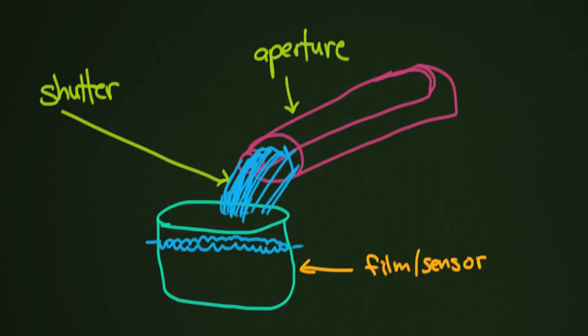And your sensor is the size of the bucket itself. And all of these things are adjustable. So you can run the water longer, you can make the pipe bigger or smaller, and you can change the size of the bucket. And either way, you've come up with a piece of math that again is a triangle. So you have these three variables: your aperture, your shutter speed, and your ISO.